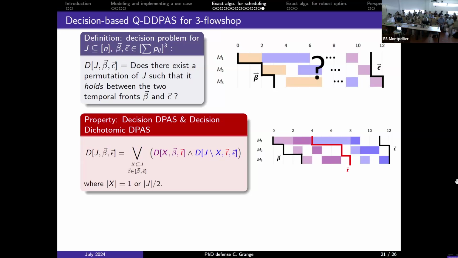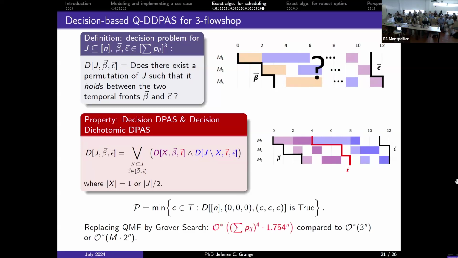And we ask whether there is a permutation that holds between beta and t for the first part of the permutation, and then for the second part, whether it holds between t and epsilon. So this is really a DP recurrence that can be applied to our algorithm. And if we replace quantum minimum finding by Grover search, because here we are looking for a true value and not for the minimum of a function, we can reduce the complexity of solving the 3-machine flowshop problem.